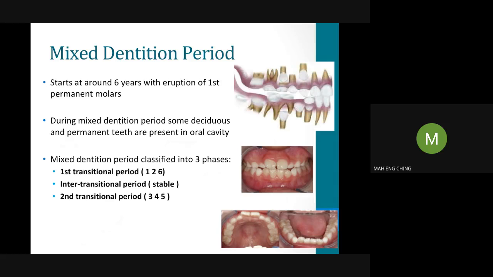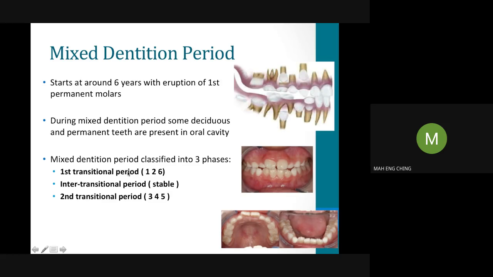So mixed dentition starts. We have the first adult teeth erupt, which is the 6, or sometimes the central incisor. Then we have the first transitional period, the intertransitional period, and the second transitional period. The most important should be the first and the second. Intertransitional period means nothing will happen. Everything is stable, looks the same, before the 3, 4, 5 come out.